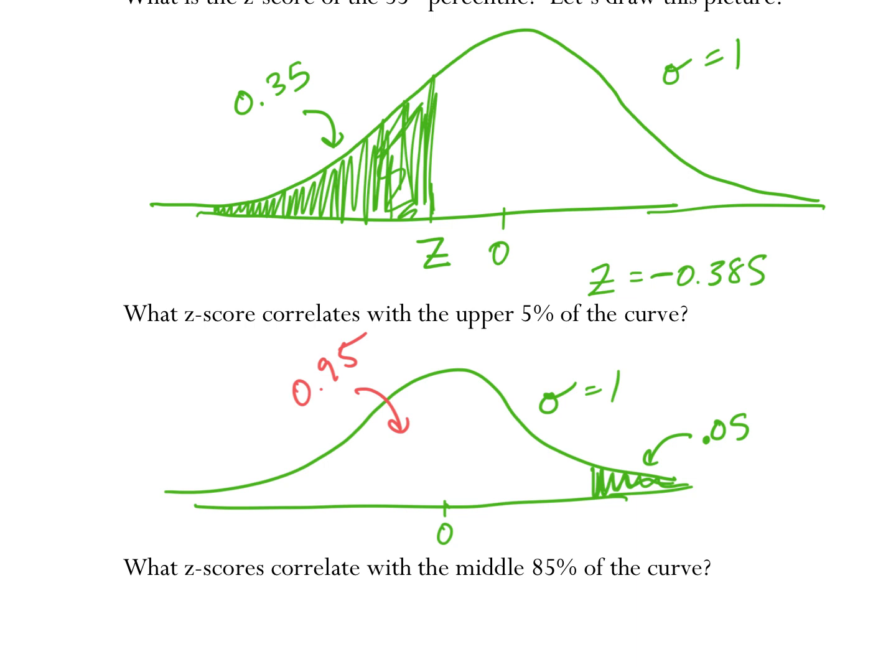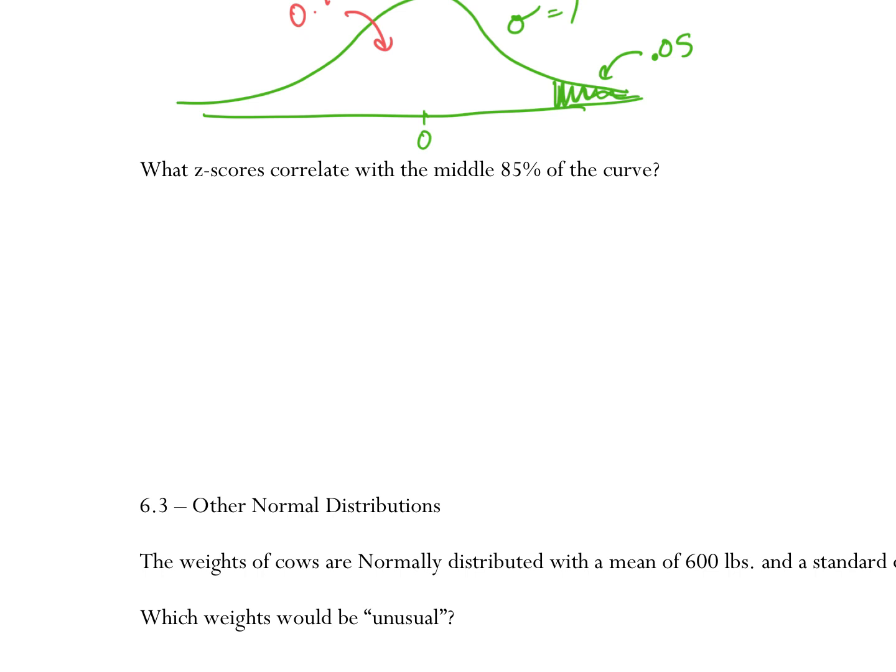Now, their calculators do left, right, and center. You would always be welcome to borrow one of mine that also does that. Okay. Now there would be two z-scores that would correlate with the middle 85%.